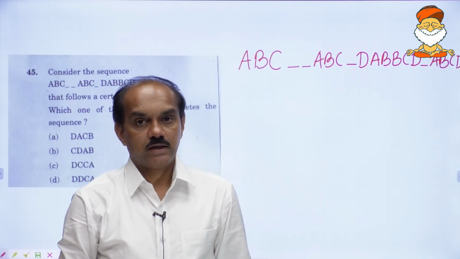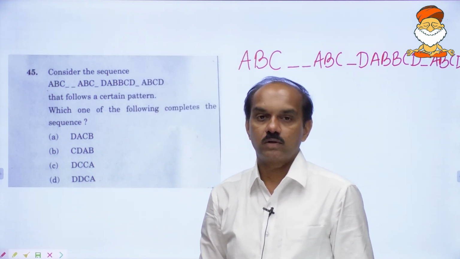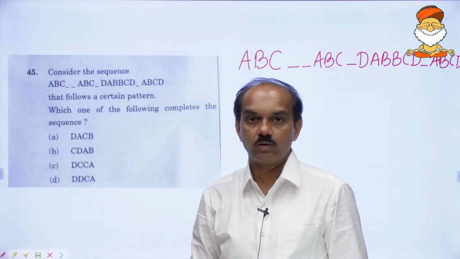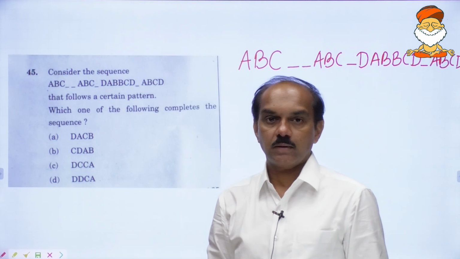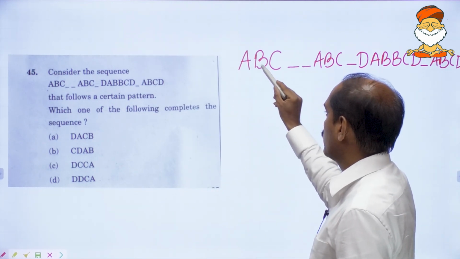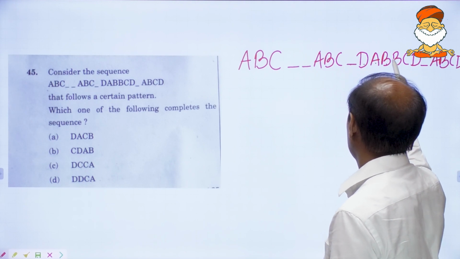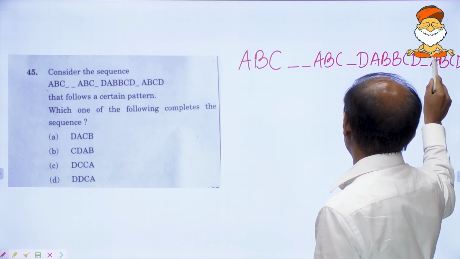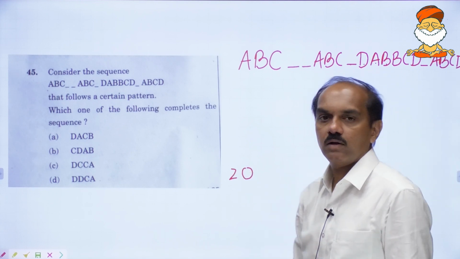The very first thing is you will have to count. You will have to count these things, including the blanks. 1 2 3 4 5 6 7 8 9 10 11 12 13 14 15 16 17 18 19 20. They are in all 20.